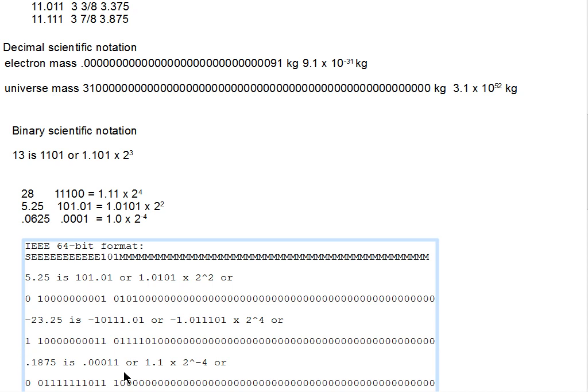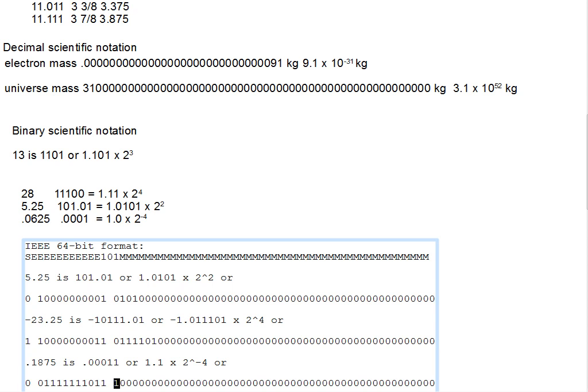is 0.00011, or 1.1 times 2 to the minus 4, or here an exponent of 1023 minus 4, so that particular binary pattern, and then merely a 1 for the mantissa, again showing only the bits after the binary point.